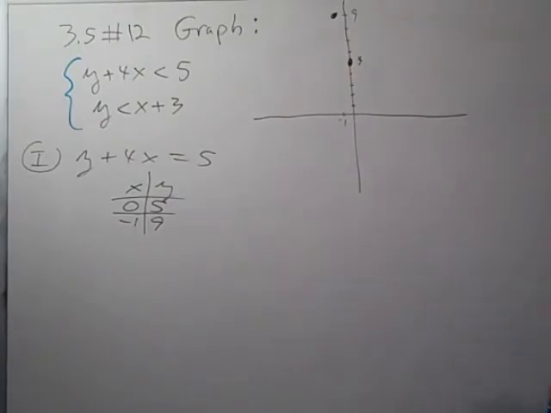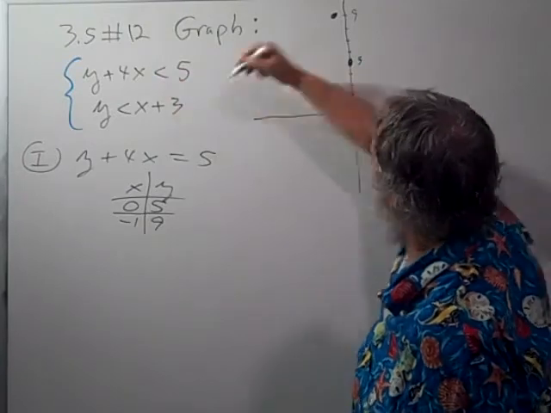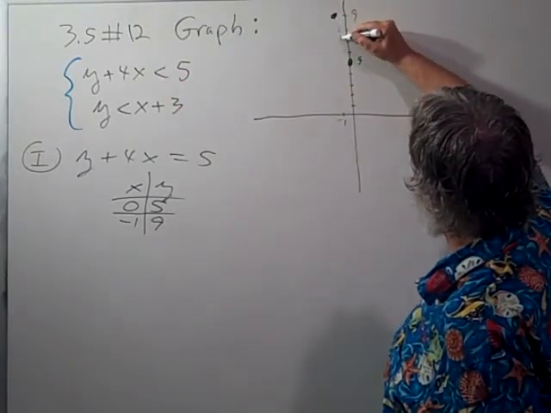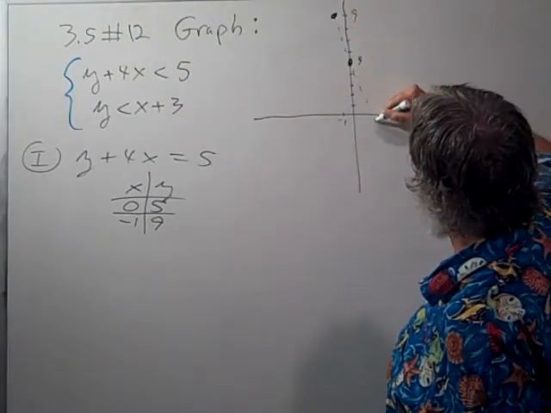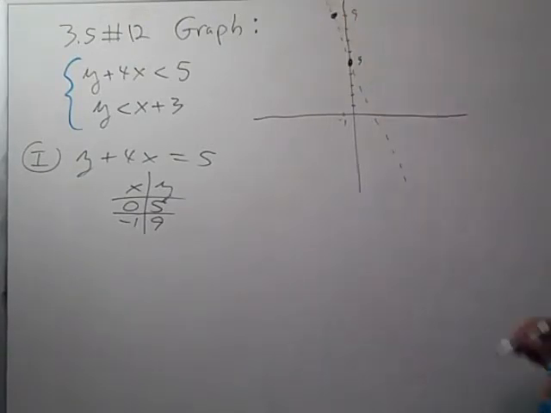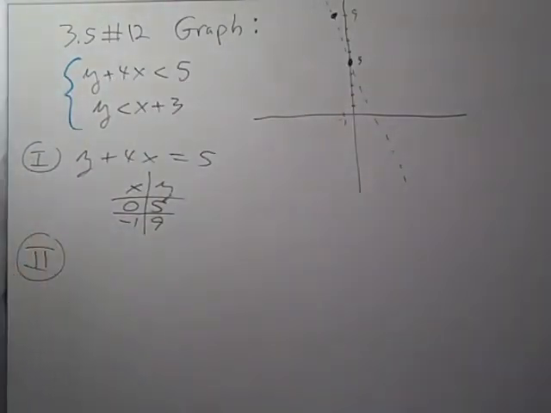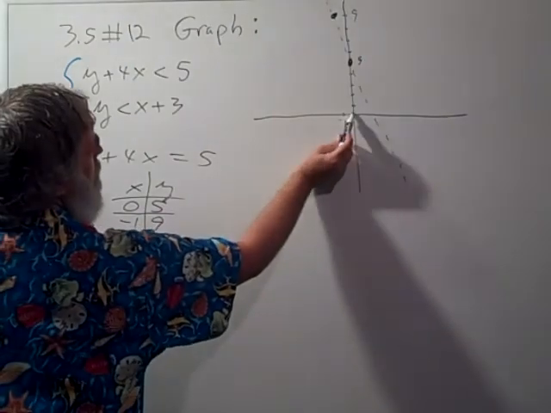So this line comes down rather steeply, and it's dashed because we don't include that. So there's the graph of the first line, and we need to decide which side of that line to shade. So we can ask, is the origin shaded?